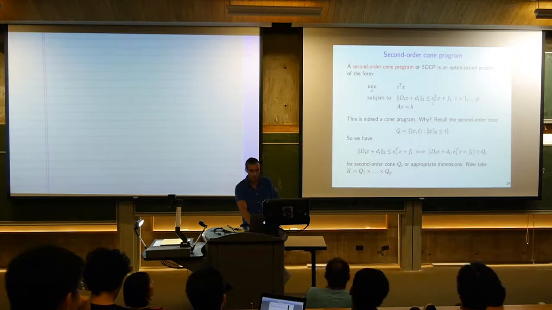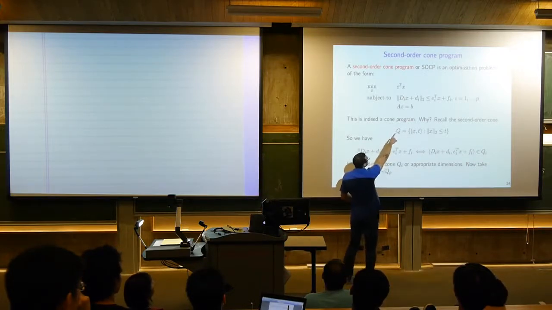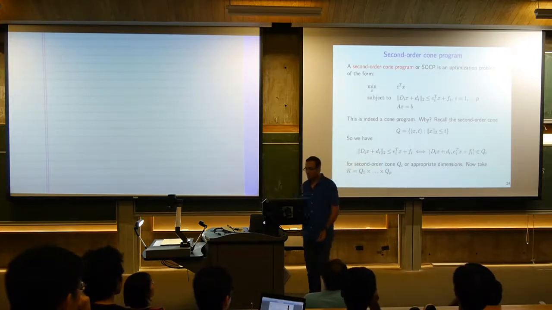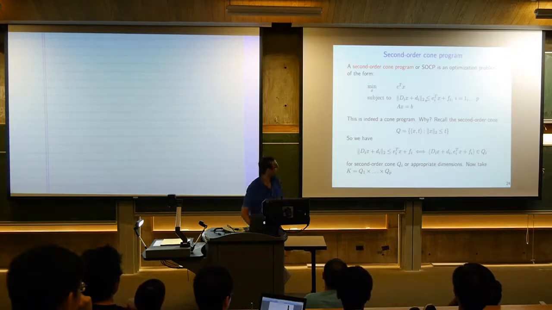We're also allowed to have linear inequality constraints, because, for example, I could take this matrix D_i, and if I wanted to, I could take this little d_i to be 0, and then this is just introducing an inequality constraint on my variables. So linear inequality constraints and linear equality constraints are all fine in SOCPs. Any other inequality constraints have to be of this form, the second order cone form.